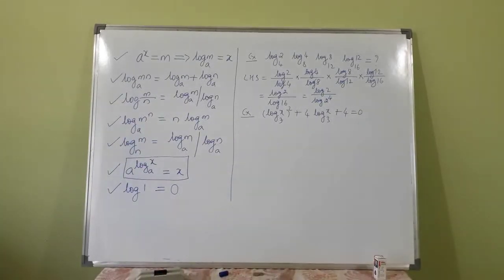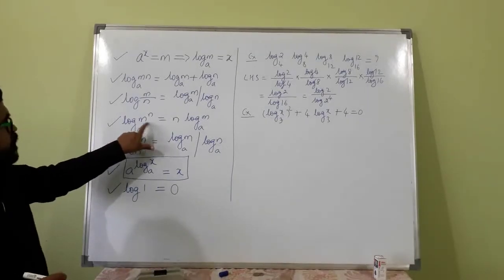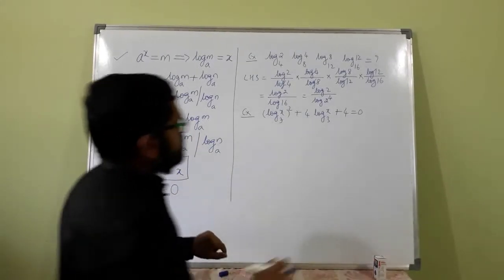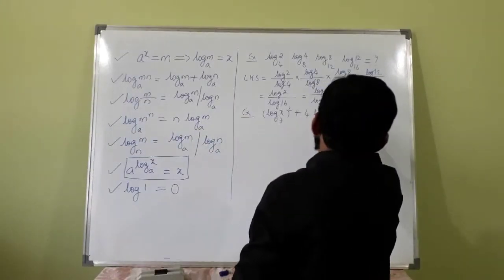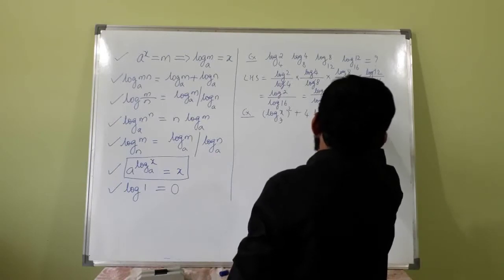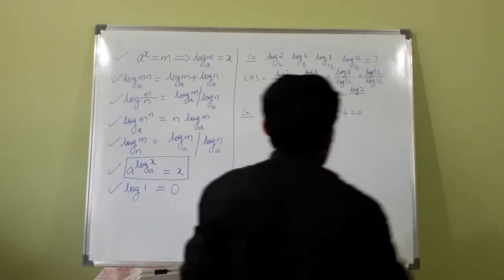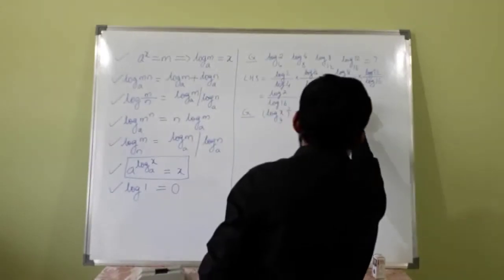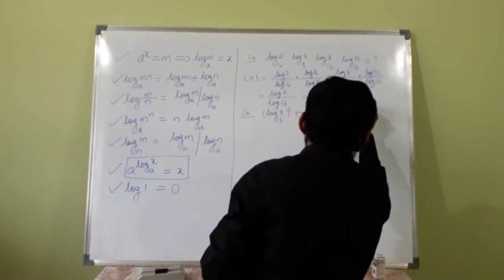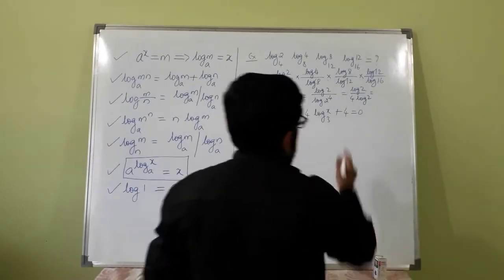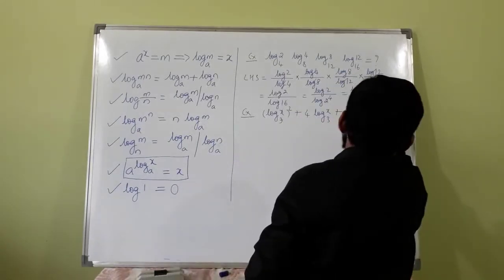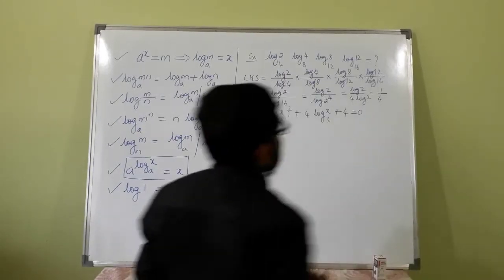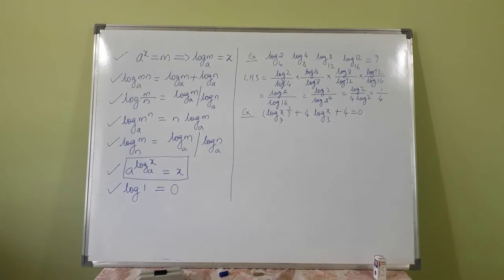So log m raised to n is n into log m. So this denominator can be written as 4 times log 2. That is, log 2 gets cancelled, the answer will be 1 by 4. Okay.